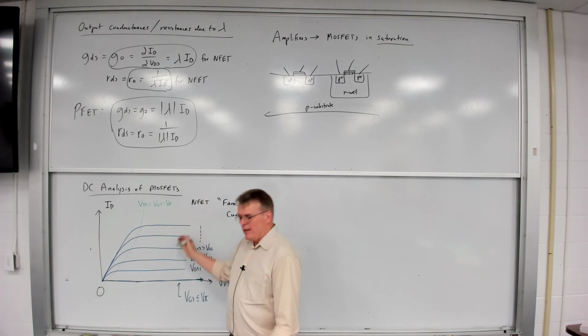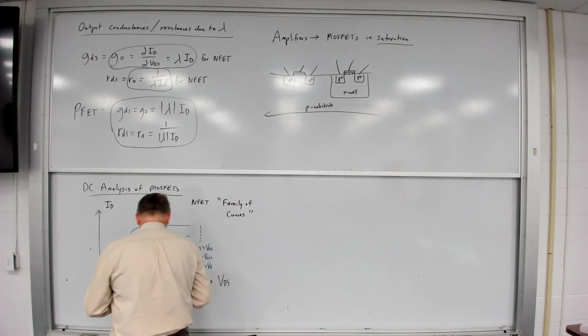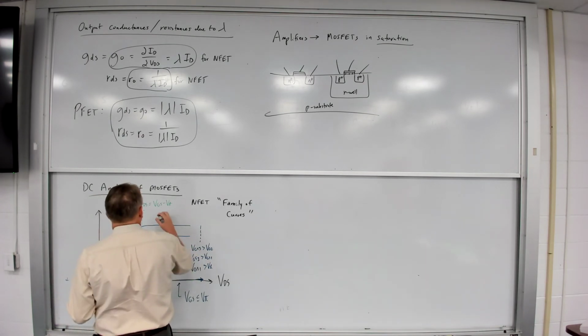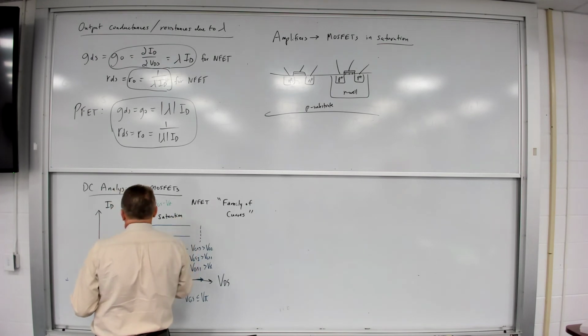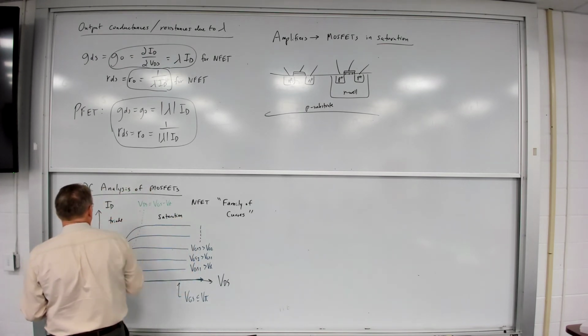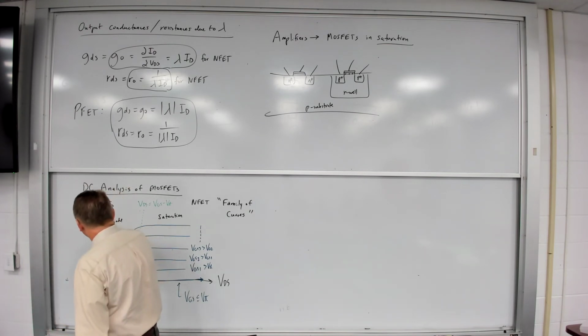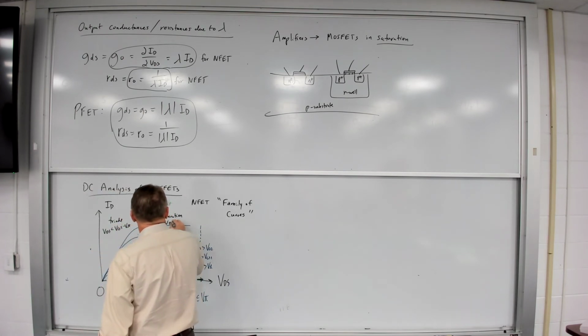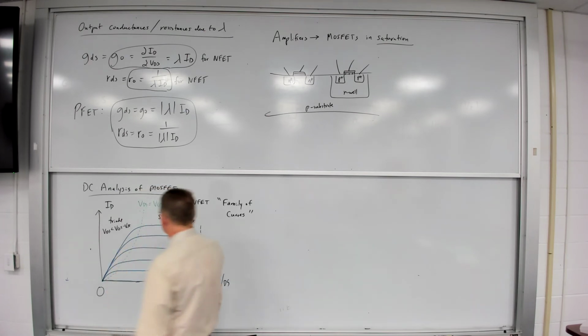On this side of the boundary condition, I'm in saturation. On this side, I'm in triode. So over here, VDS is less than VGS minus V sub t. Over here, VDS is greater than VGS minus V sub t.